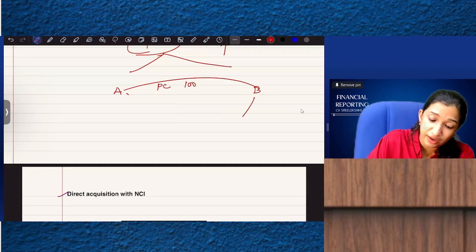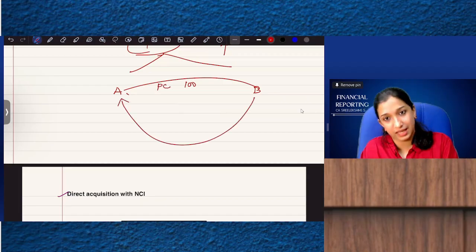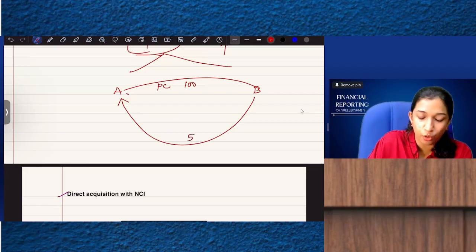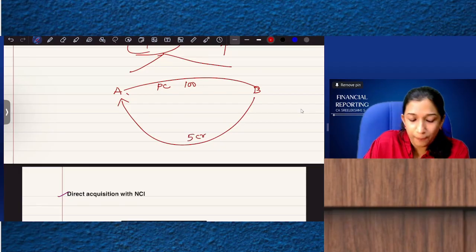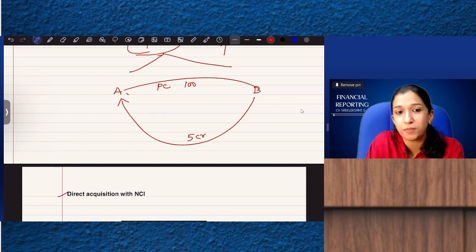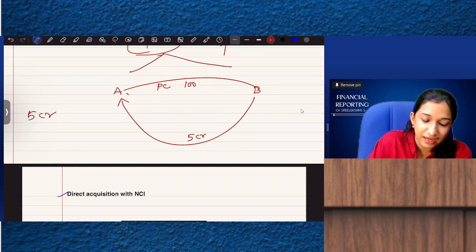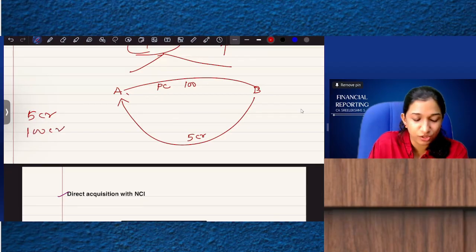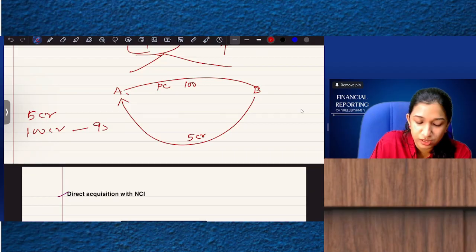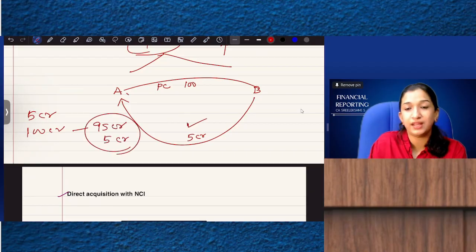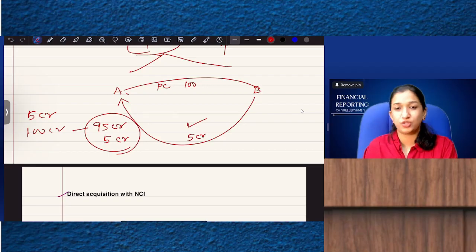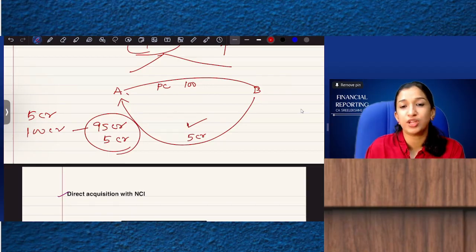But B has already filed a case against A, claiming 5 crore damages. So if there was no business combination, A should pay 5 crore. At the time of business combination, you pay 100 crore. The standard assumes 95 crores is towards business combination and 5 crores is towards settlement of that liability. If it is contractual, I have to check A and B, whichever is lower.